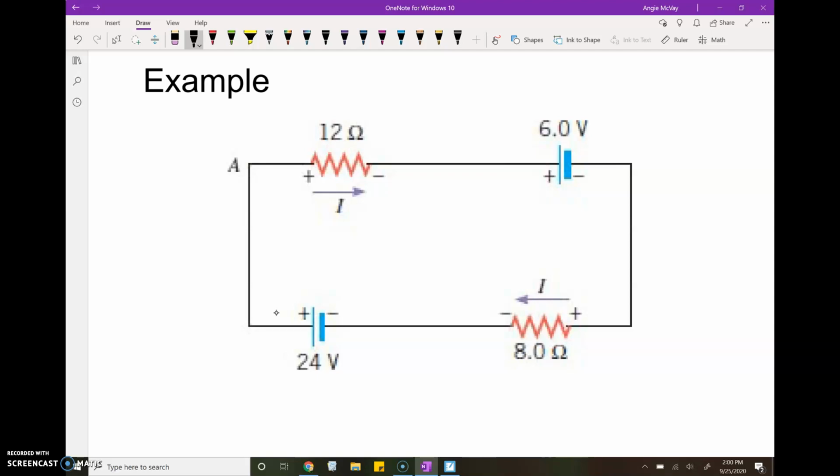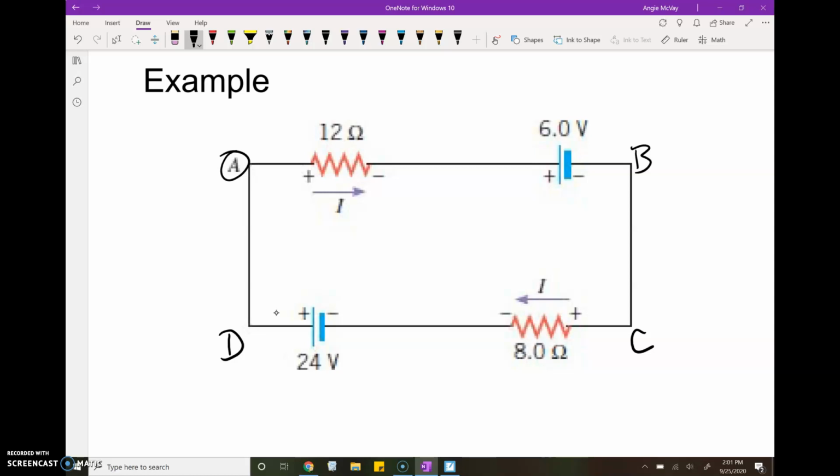So let's say this is loop A, B, C, D. They labeled A right here, and so I just went around clockwise. If we say that we're working around loop A, B, C, D, the next thing that we need to do is physically draw in our current in that direction.